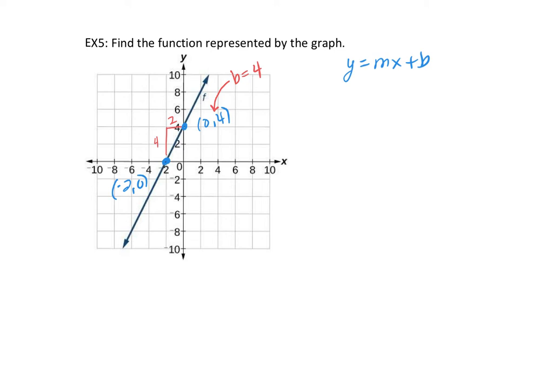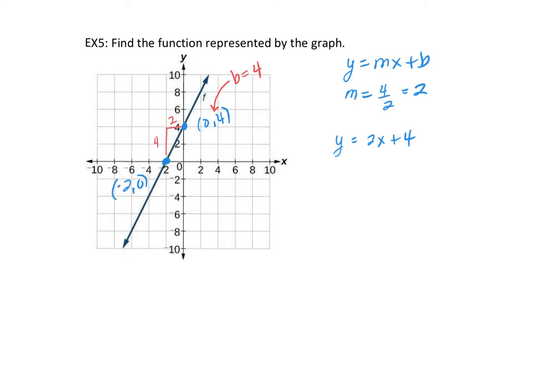So let's go ahead and compute our slope, which again is going to be our y's over the x's. So that would be 4 over 2, which is simply 2. So I have my slope. And now I have y equals 2x plus 4.